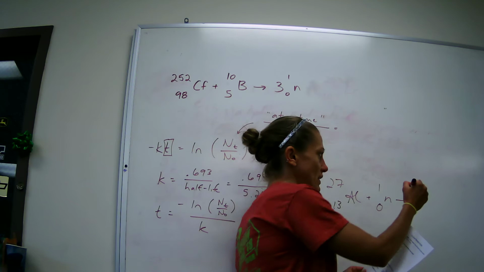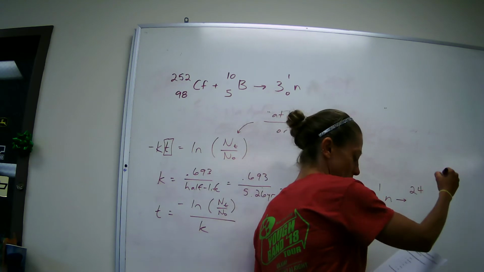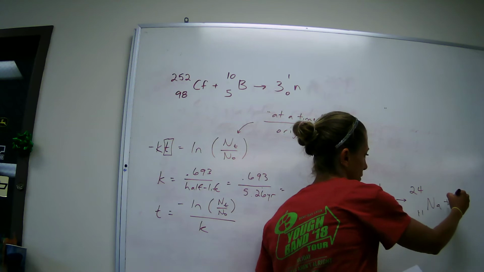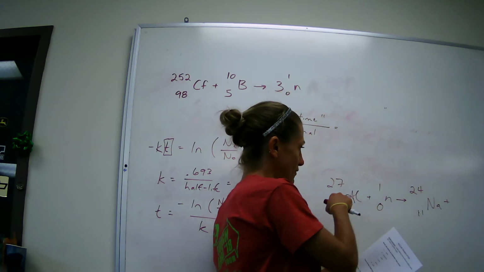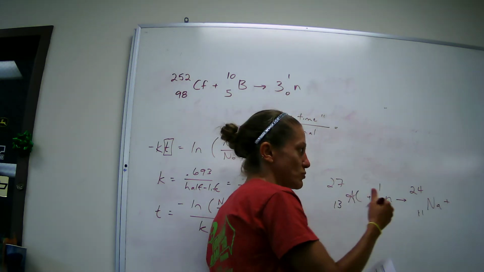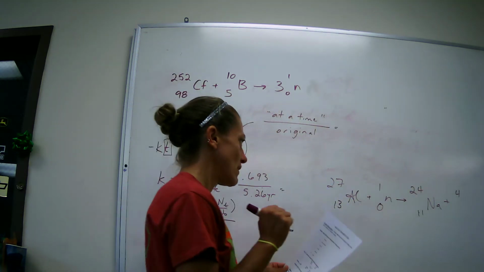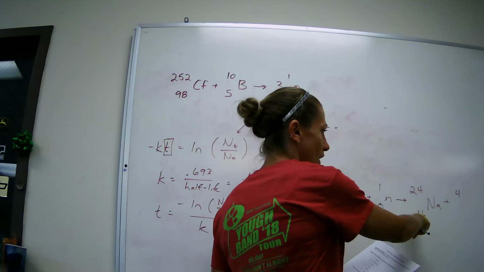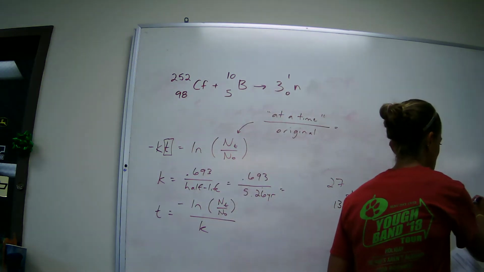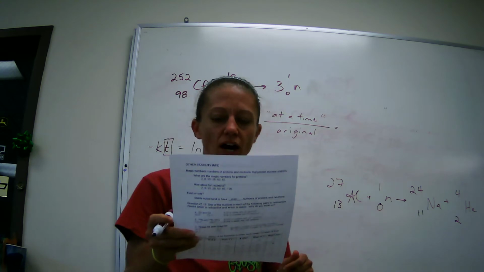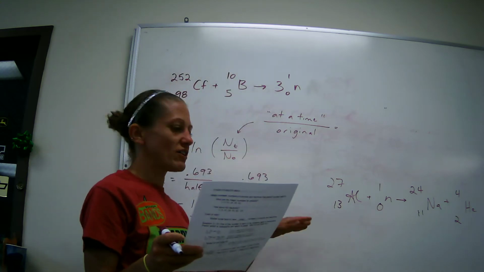So what am I going to release to make some sodium that looks messed up, because sodium is not 24 on the periodic table? Well, this adds up to 28: 27 plus 1, 24 plus 4 is 28. 13, and then 11, and 2, and then helium. Very good. So what we've got there is an example of a transmutation reaction.